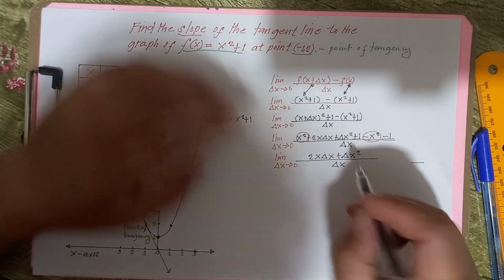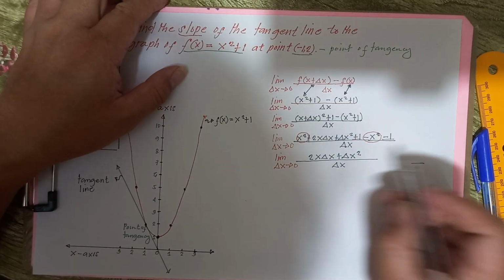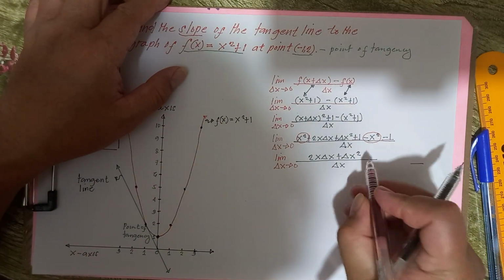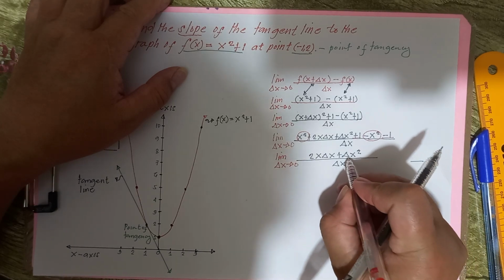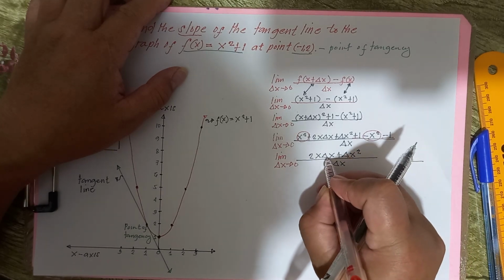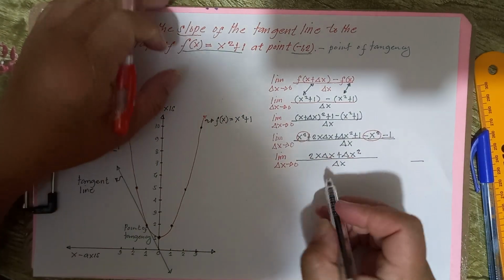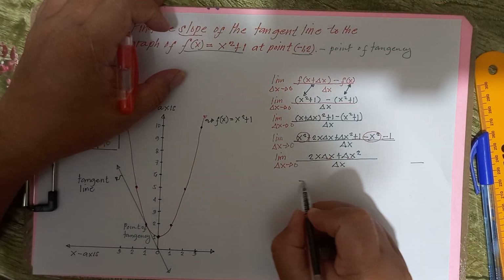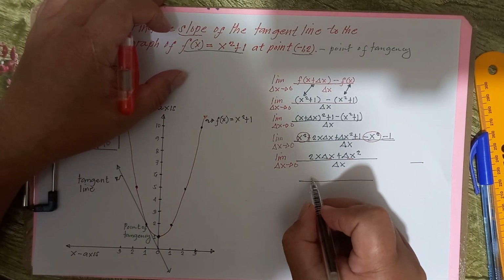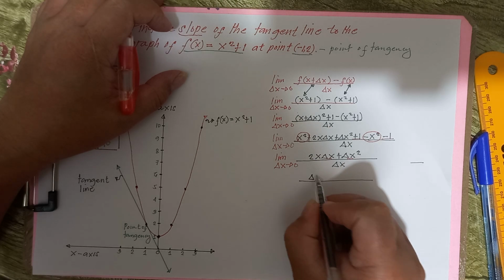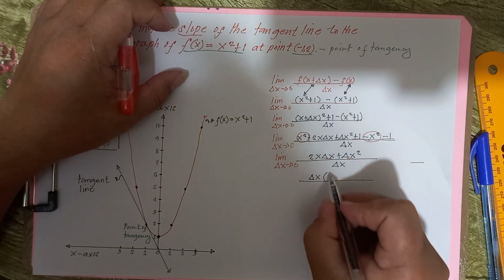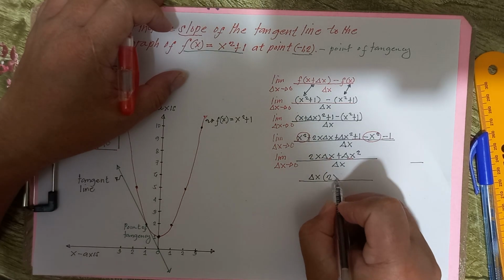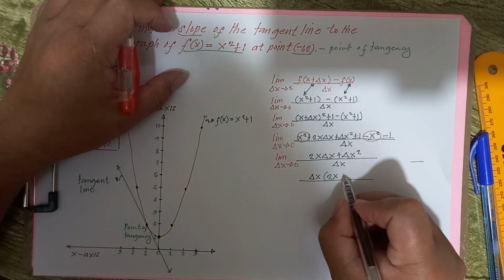Now notice in here that there is a common factor. What is the common factor? The common factor is this one. So if that is the common factor, then we can factor out. So what is that? We have now change of x multiplied by 2x. What is left in here?